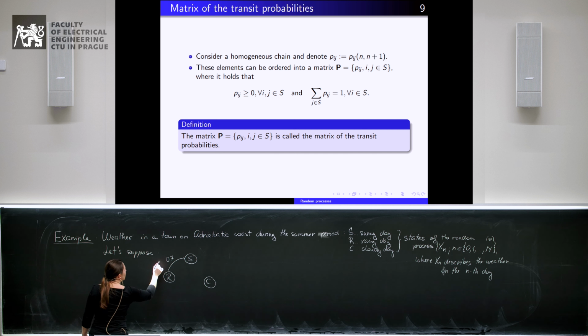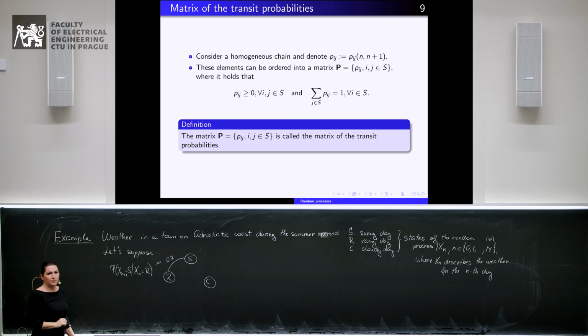So in fact, this 0.7 is the probability that if there is a rainy day today, it will be sunny tomorrow. So the probability when there will be sunny tomorrow, when today it is raining.